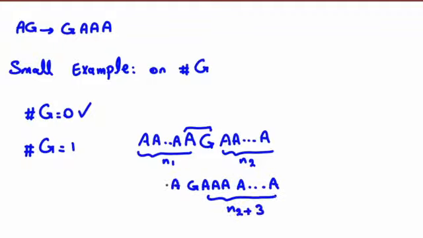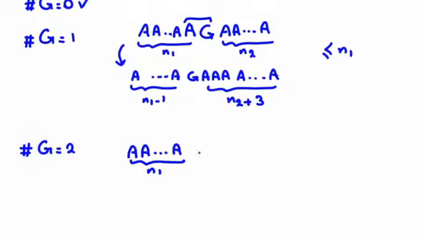So how many times can we apply this operation? Can you tell me at most? Pause the video and find it by yourself in terms of the n_i's. Yes, it is n1, because in each step the number of A's before G decreases. Now if the number of G's is equal to 2, suppose you have n1 A's before the first G, then after the first G and before the second G, the number of A's equals n2.